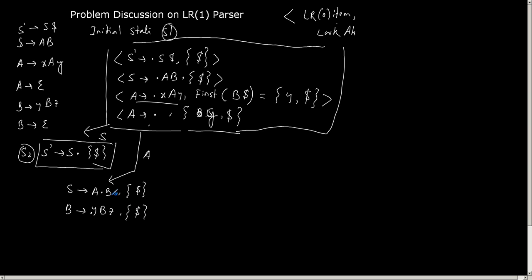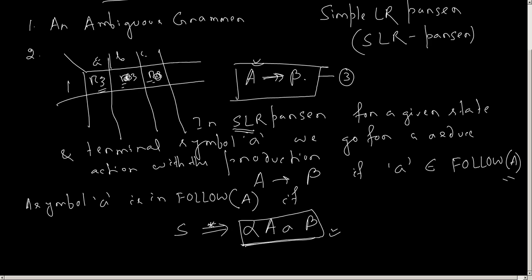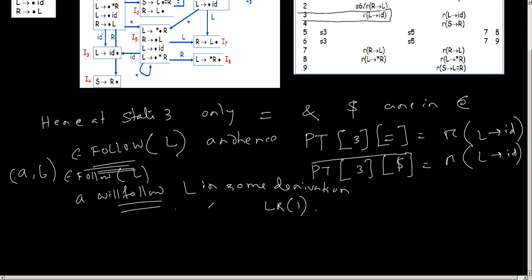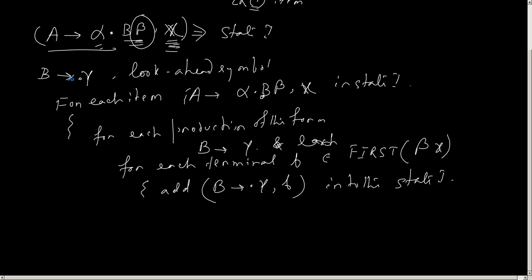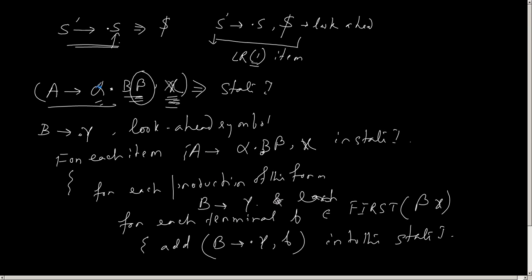Why dollar? Because there is nothing here. So what I'm saying is the definition you should look at. If you have an LR1 item set, something like A as alpha dot B beta, and the look ahead symbol is X in state I, and I have a set of productions like B is equal to dot gamma, then what will be the look ahead symbol?